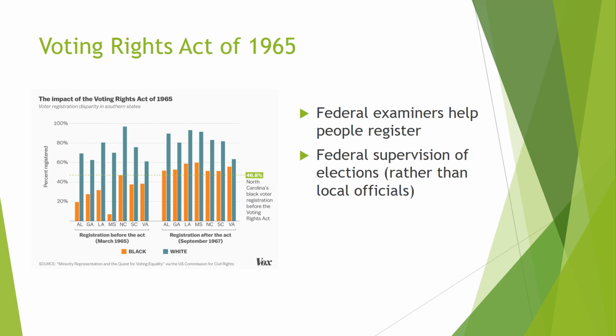We now have approximately 60% of eligible Black voters actually registered to vote. So we've made this huge difference. Now, Lyndon Johnson is going to face some backlash from both the Civil Rights Act of 1964 and the Voting Rights Act of 1965, and we'll talk a little bit about that later on in our next topic.